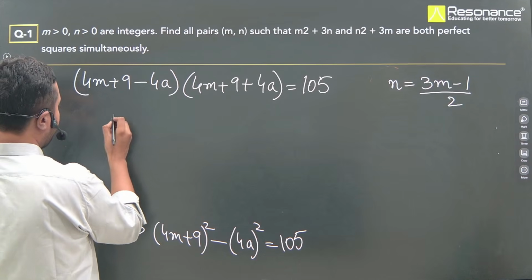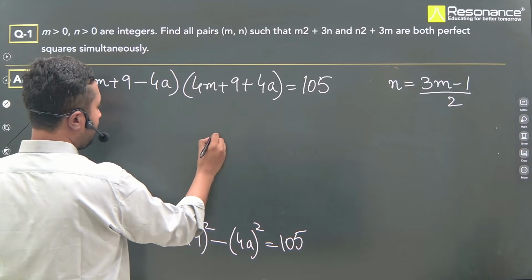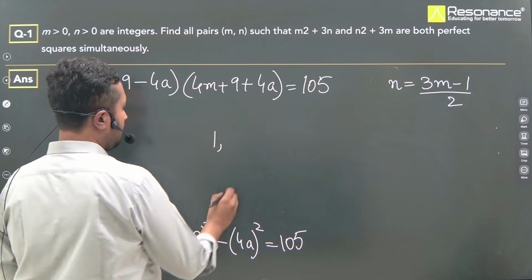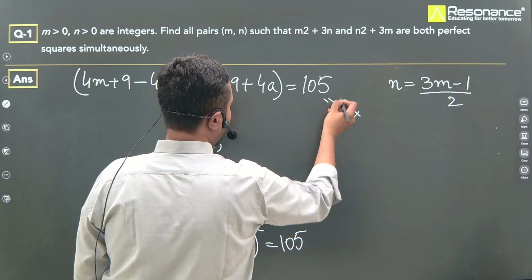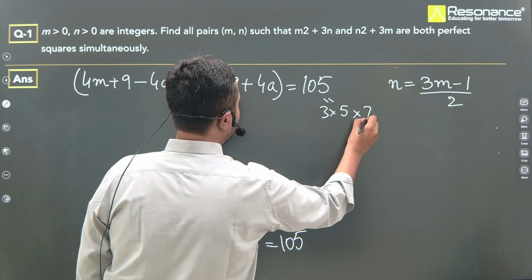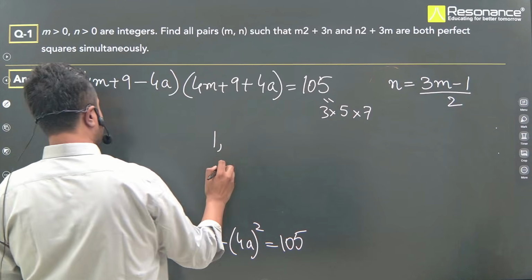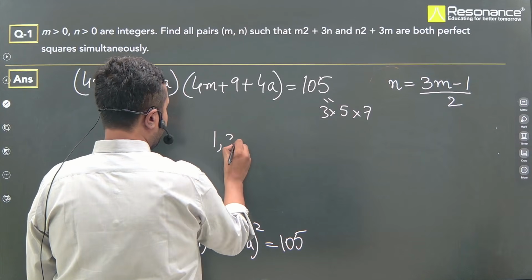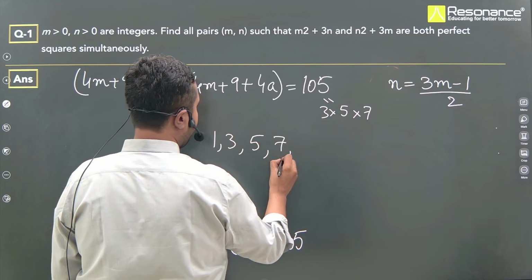So what do we have? First, let's list down all the factors. We have 1. By the way, what is that number? It is 5 into 21. So that is 3 into 5 into 7. Right? So now that we have the factorization, you can work out all the divisors. 1, 3, 5, 7.